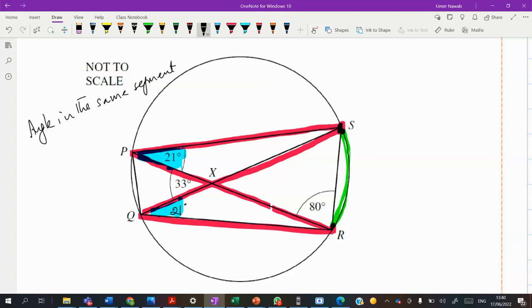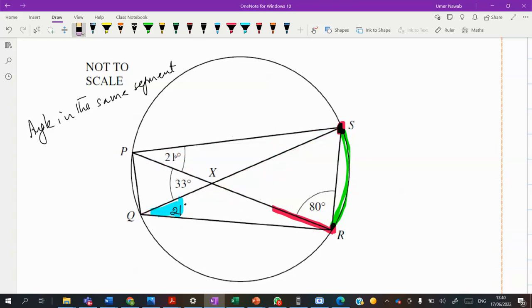Now, I want to use the angle in the same segment property again. Where? Check it out. This is P and this is S, and we have a PS arc. Did I join P and S at any point on the circumference?